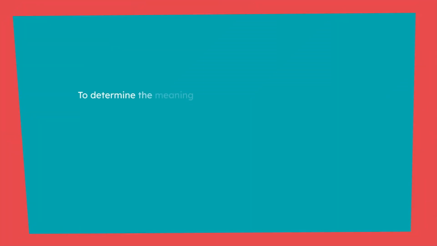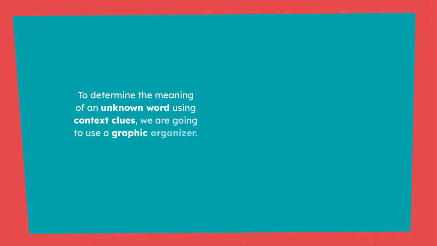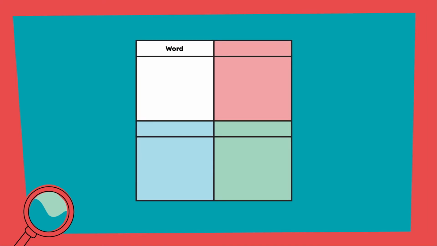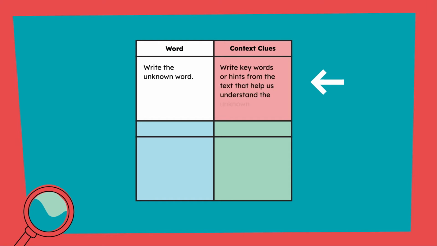To determine the meaning of an unknown word using context clues, we are going to use a graphic organizer in our case notes. Watch as I label the first box word. In this box, we are going to write the unknown word. Next, let's label our box context clue. In this box, we are going to write keywords or hints from the text that help us understand the unknown word.